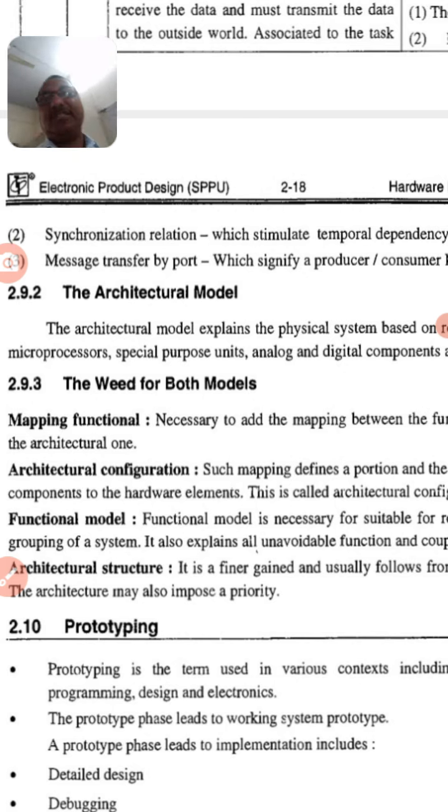Third one is message transport by port. Through the IOs, messages should be transported. That means through the keypad, messages should be transferred, whether it is functional or not. If there is an error, that should be communicated.